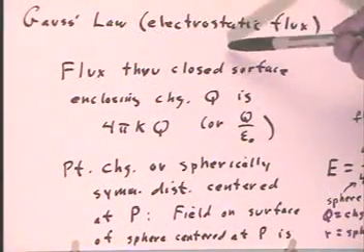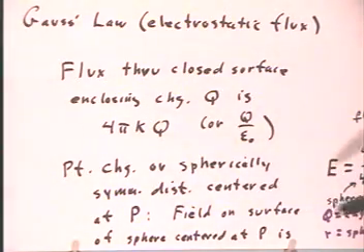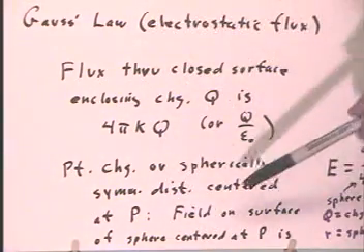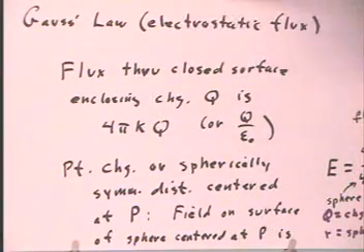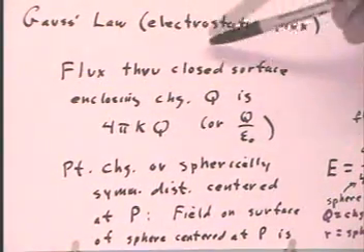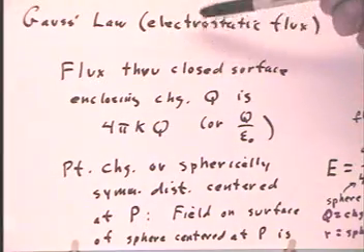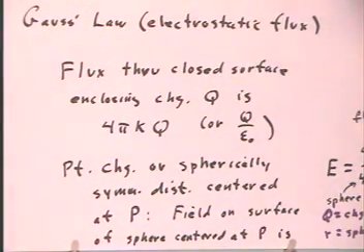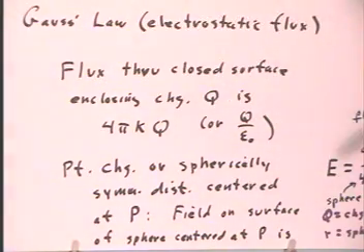Every point on the sphere is at the same distance from the center, so the field due to the charge at the center has the same magnitude, and the field is coming straight out from the charge, and the radial line is perpendicular everywhere to the surface of the sphere. And that also holds if you have a charge distribution that's spherically symmetric about the center.